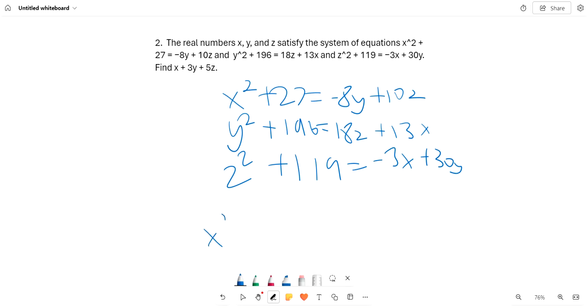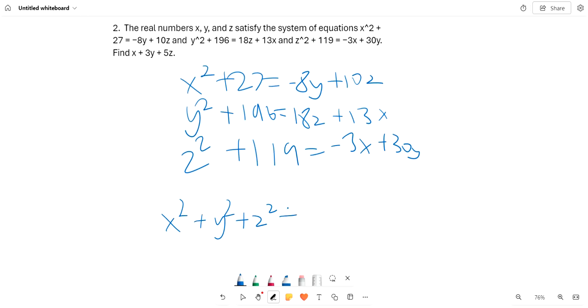And so we get x squared plus y squared plus z squared plus 27 plus 196 plus 119 equals 10x plus 22y plus 28z.